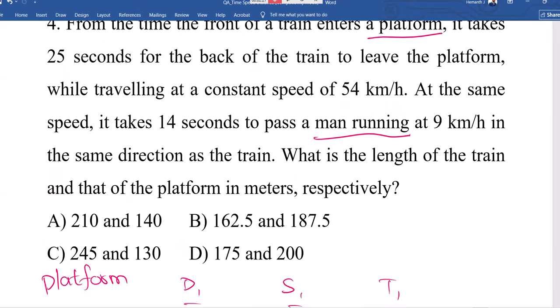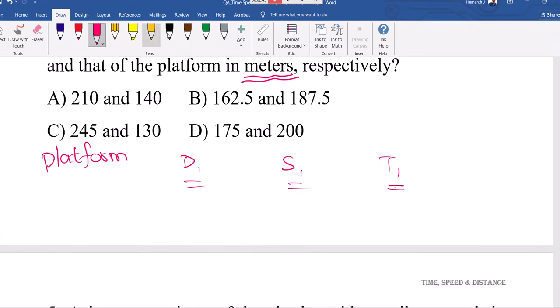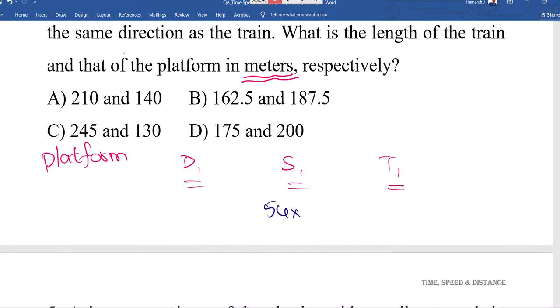It's your job to convert that to meters per second, because the options are in meters and time is in seconds. So 54 into 5 by 18, 3 into 5, 15 meters per second. And they mention what the time taken is.